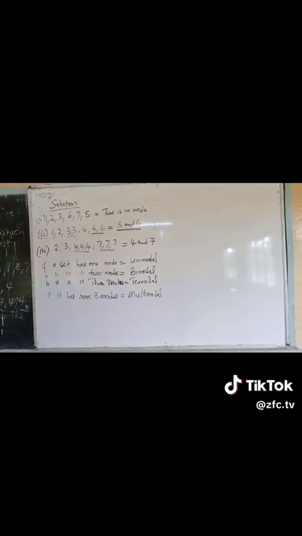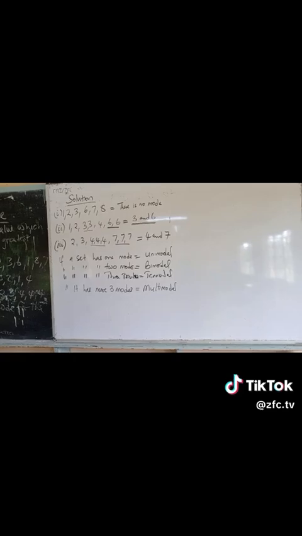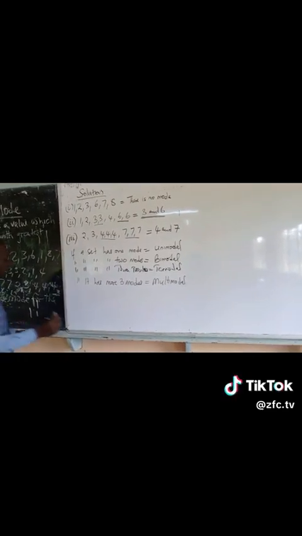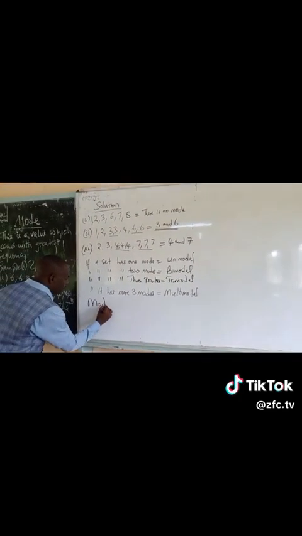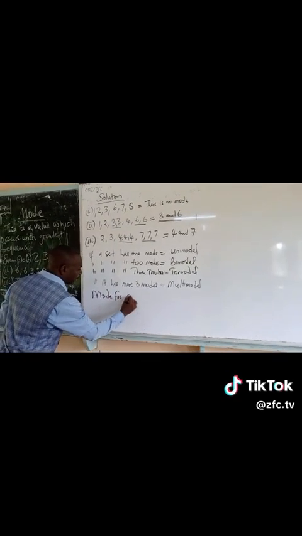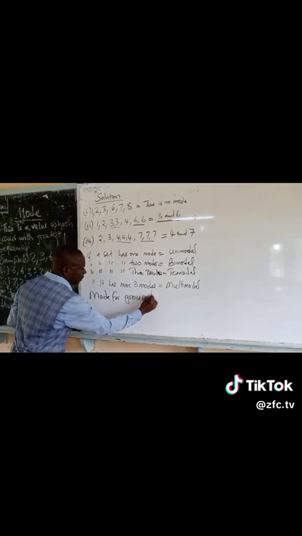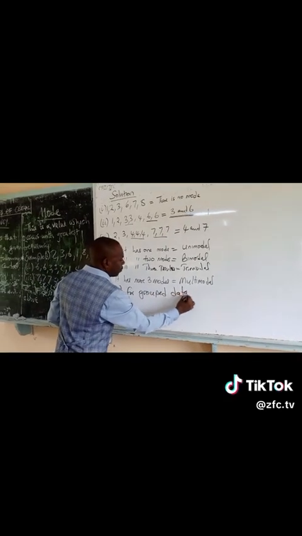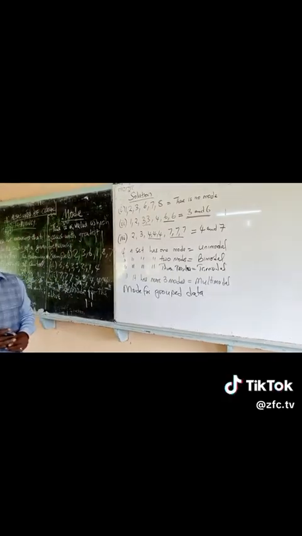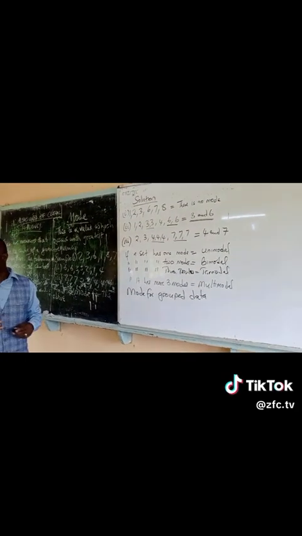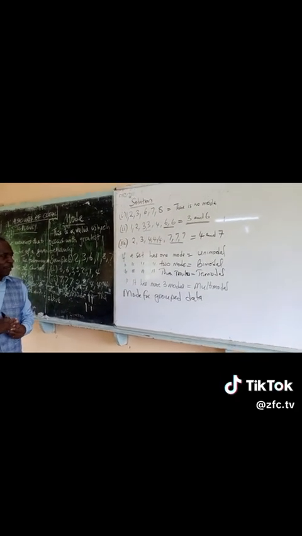Okay, so the mode that I've been calculating here is the mode for ungrouped data. Let's look at the mode for grouped data. How do you find the mode for grouped data? The mode for grouped data is found by using a formula that has been given.